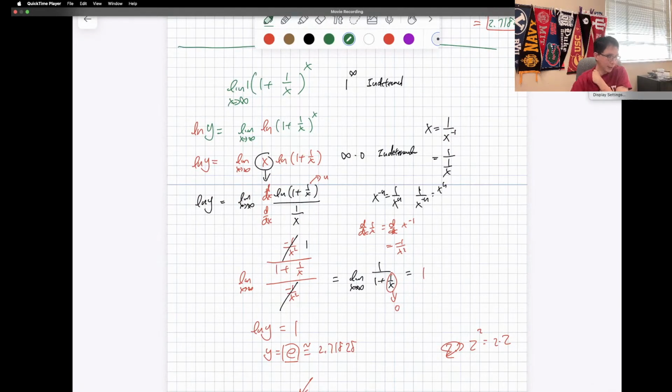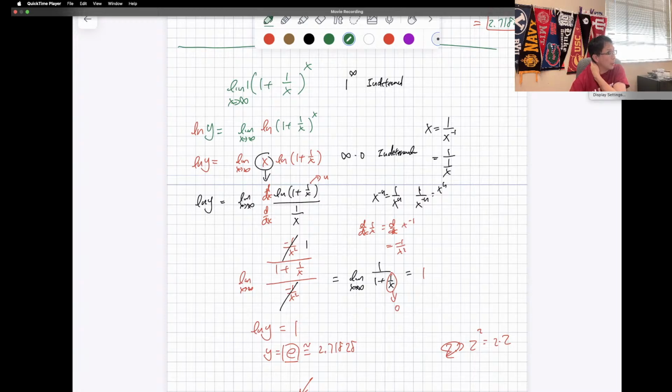You basically take the natural log of y on both sides, so you can bring the exponent down, and then you get infinity times zero, which is an indeterminate form, and then you solve it. You get that it is eventually equal to 1, so the natural log of y is equal to 1, and y is equal to e.